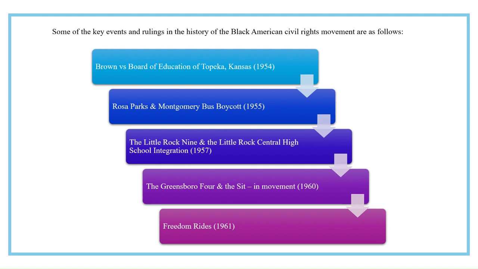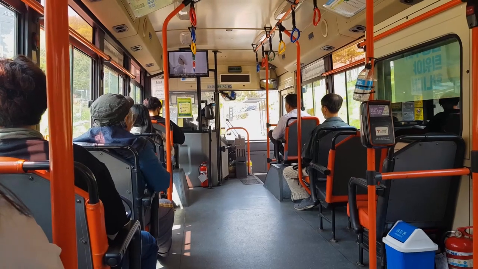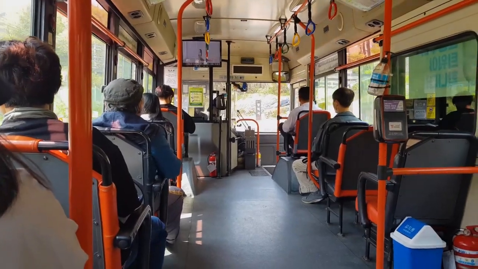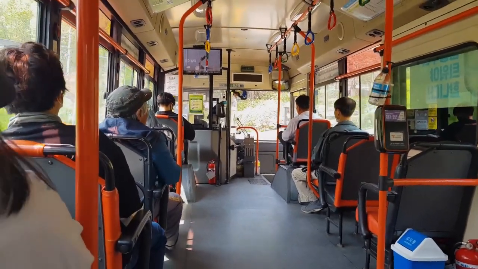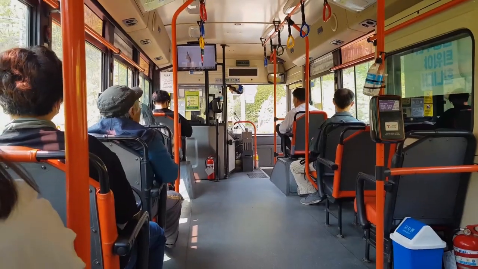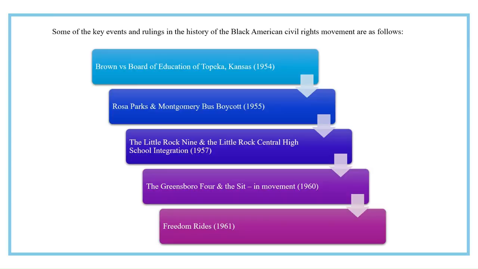Second, Rosa Parks and the Montgomery bus boycott, 1955. On December 1st, 1955, African American civil rights activist Rosa Parks refused to give up her seat on a public bus to a white passenger. Her arrest led to a sustained bus boycott in Montgomery, Alabama.